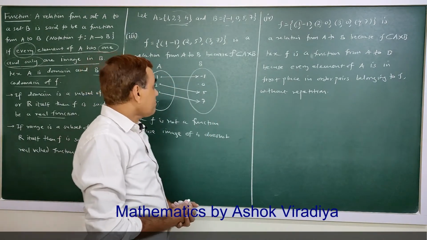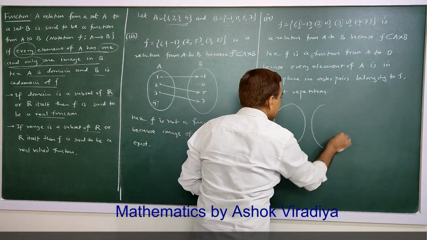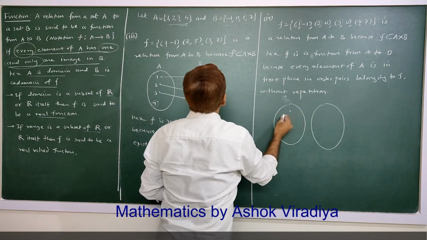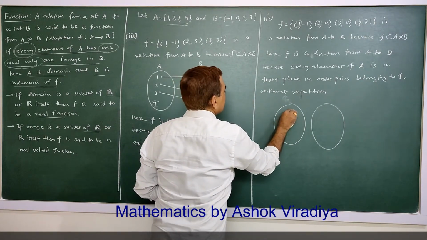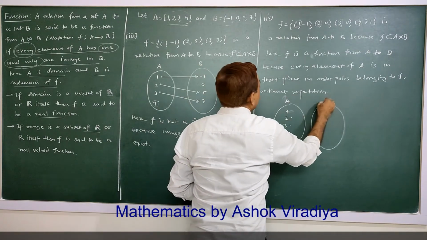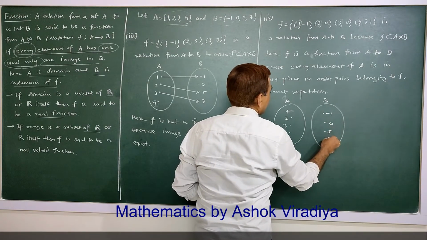So if we check this in a diagram, here the first set is 1, 2, 3, 4. The second set is -1, 0, 5, 7.